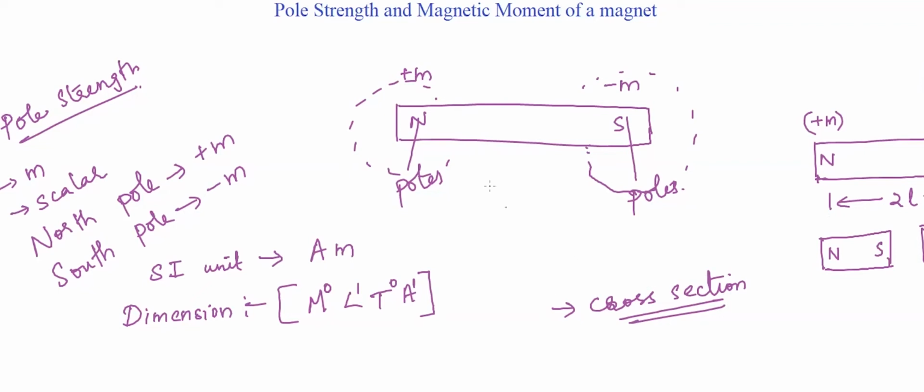As the pole strength is distributed over the cross section, each of these pieces will get the same pole strength, since we are not doing anything with the cross-sectional area. So this will be plus m because it is a north pole, and this will be minus m because it is a south pole. But the effective length now got reduced to L and L.